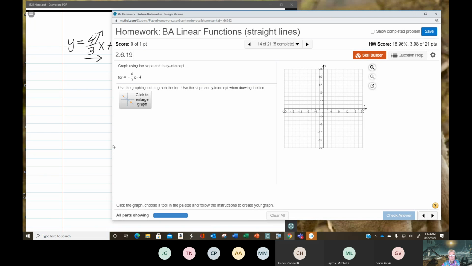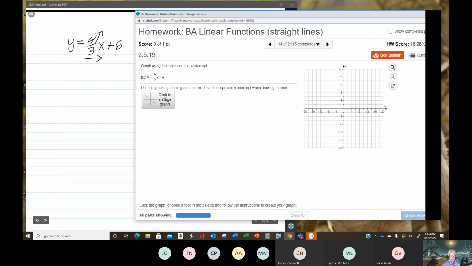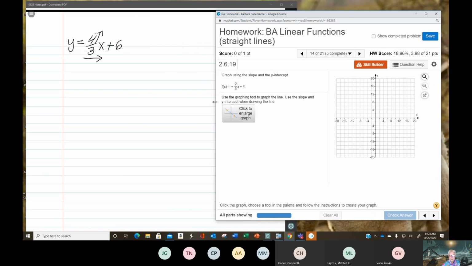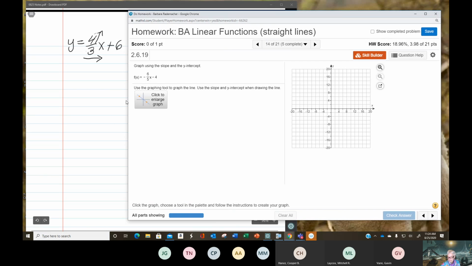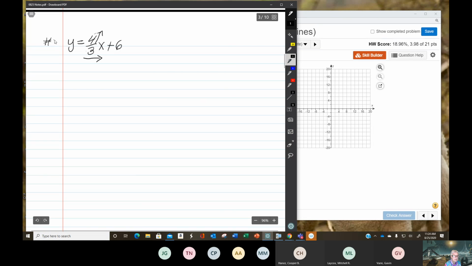Now here, this is more interesting. It really, really is more interesting. All right, so this is number 14. This was number 13.